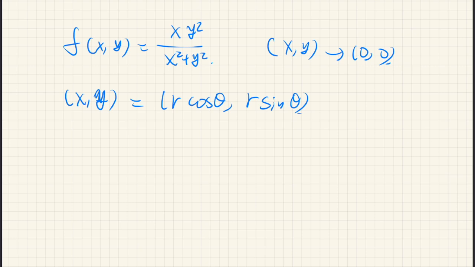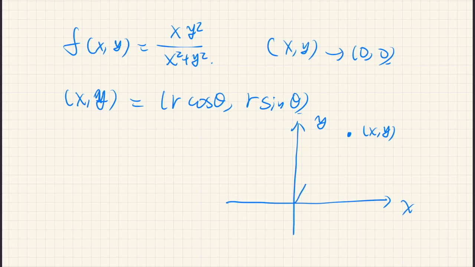In case you forgot what the polar coordinate is, here it is. For any point x and y, we take this distance from the origin as r, and the angle between this line from the origin and the x-axis as theta.